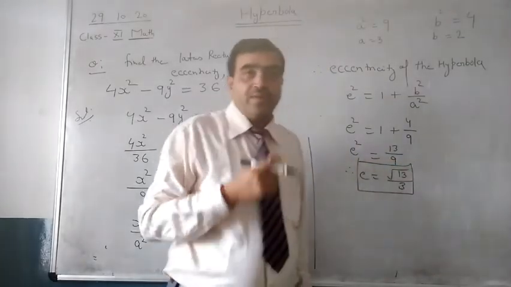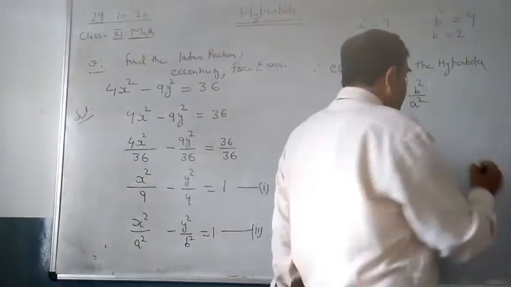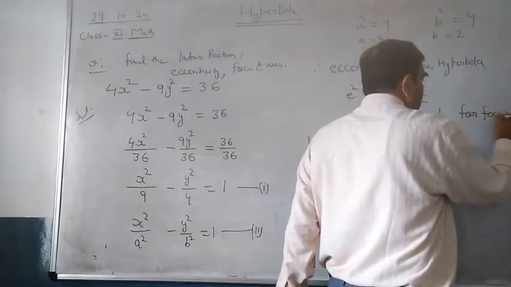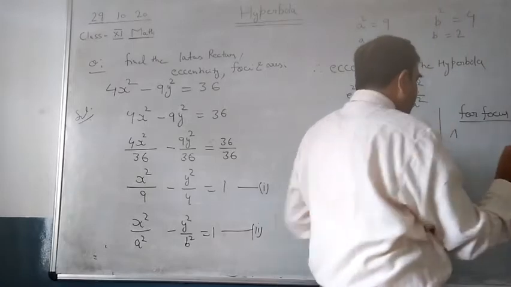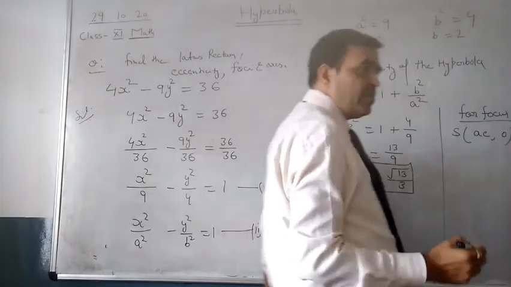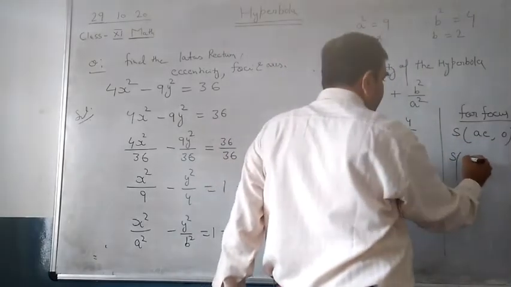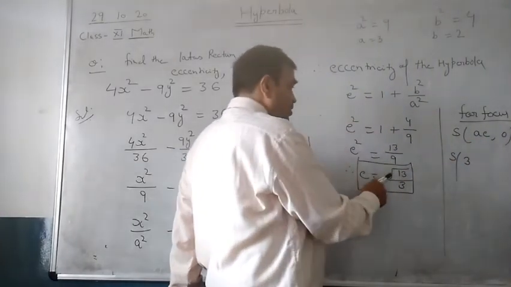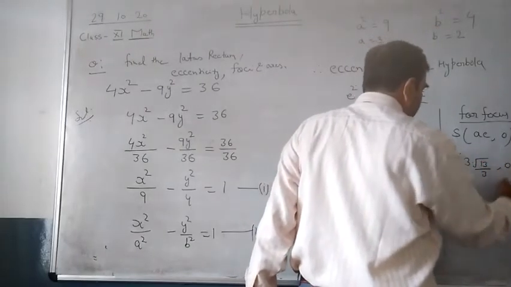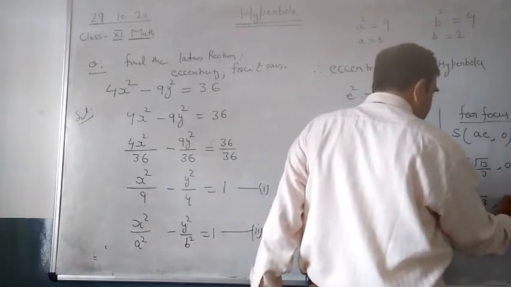Now next we find the focus. The coordinates of the focus are (ae, 0). Therefore a equals 3 and e equals under root 13 upon 3, so the coordinates of the focus are (under root 13, 0).